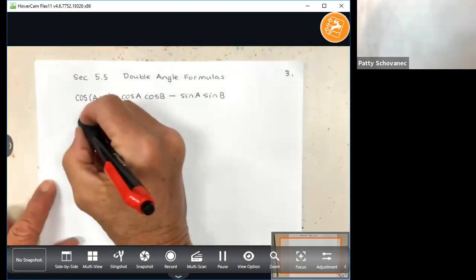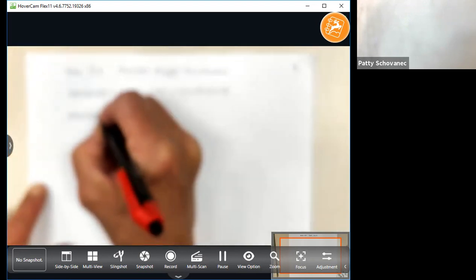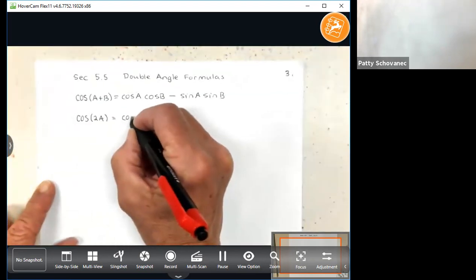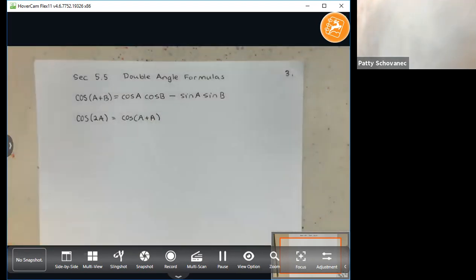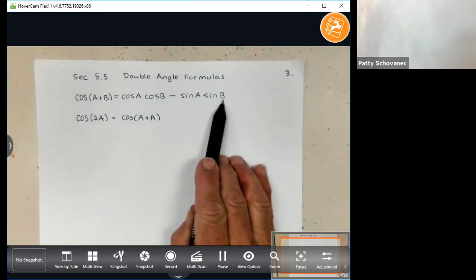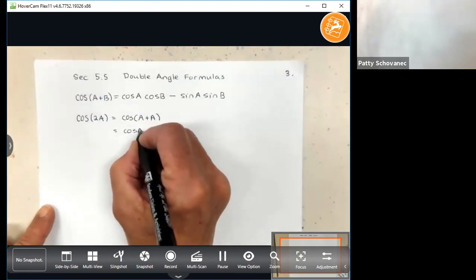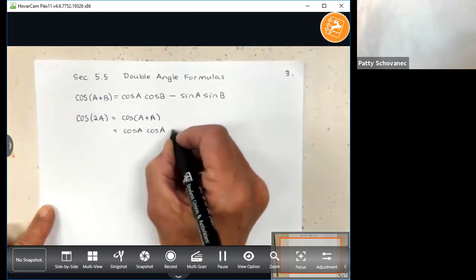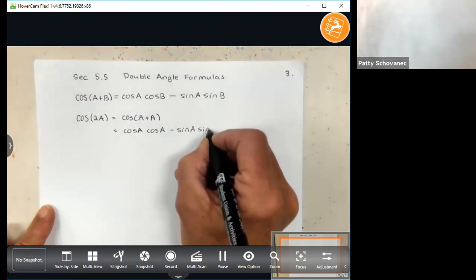So I'm going to generate a formula for the cosine of 2 times a, using the fact that 2 times a is a plus a. So go back in here, and where you see these two b's, put in a couple of a's. You should get cosine of a times the cosine of a minus the sine of a times the sine of a.